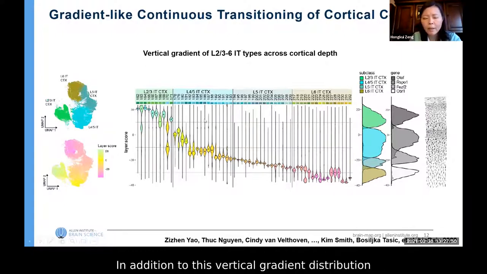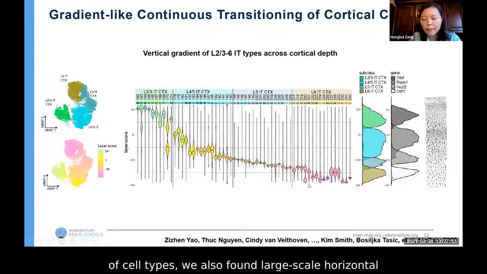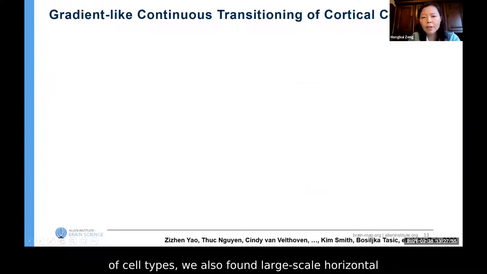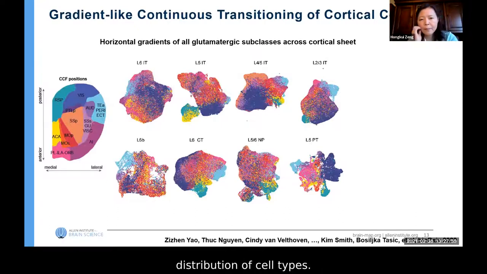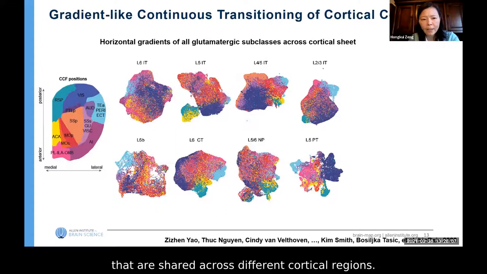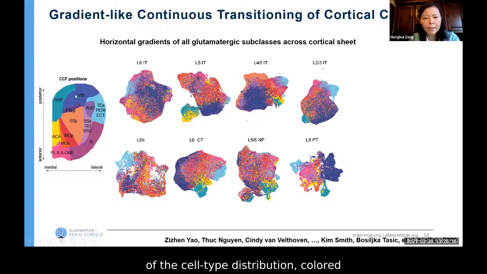In addition to this vertical gradient distribution of cell types, we also found a large-scale horizontal distribution of cell types. As I showed briefly in the UMAP earlier, there are now many cell types that are shared across different cortical regions. And here is a detailed examination of the cell type distribution colored by the anatomical regions they come from.